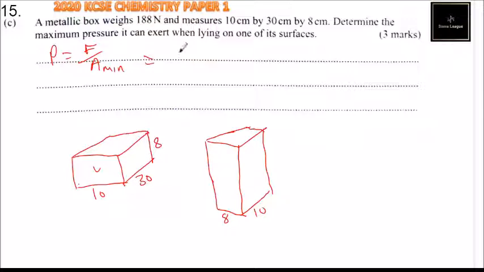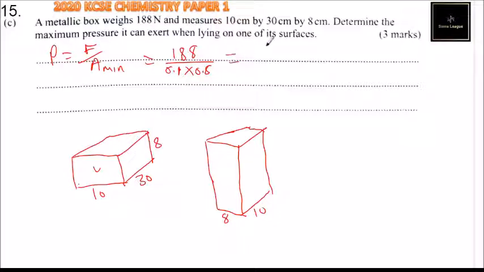So this means the force is 188. You divide by the area. The units given are in centimeter, so we say it in meters, it is 0.1. You divide by 100, you multiply by 0.8.